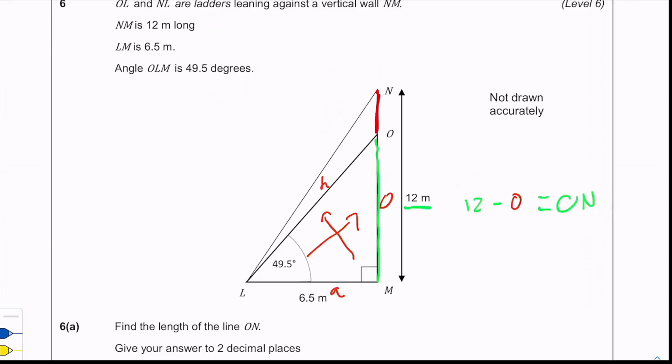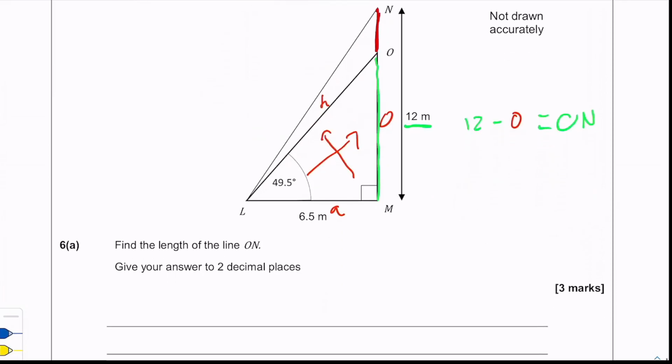Right, so to work out that length, we've got O, and we're given A, so that's going to be the tan rule. So let's first of all write down that tan of theta is equal to the opposite over the adjacent. So tan of 49.5 is equal to opposite over adjacent, where adjacent is 6.5 meters.